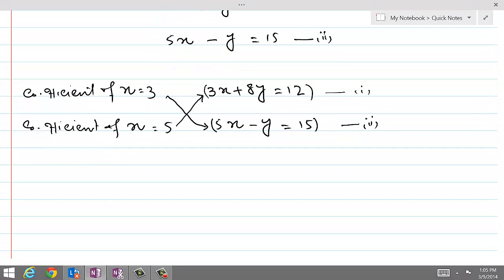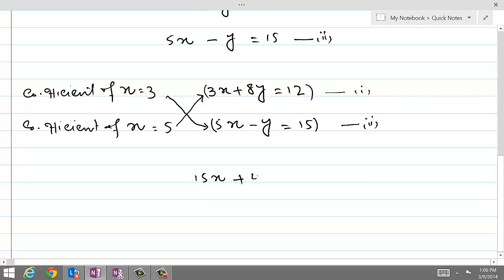So let's do this. This will give us 15x plus 40y is equal to 60. So when we multiply equation 1 throughout by 5, that is what we get.